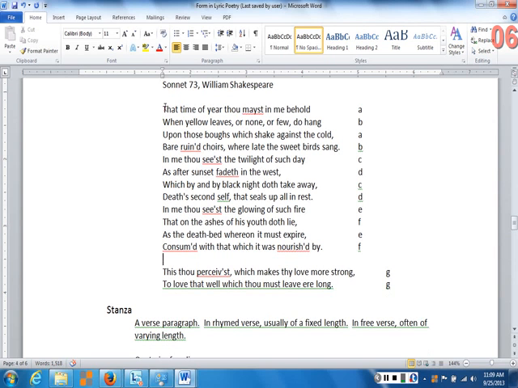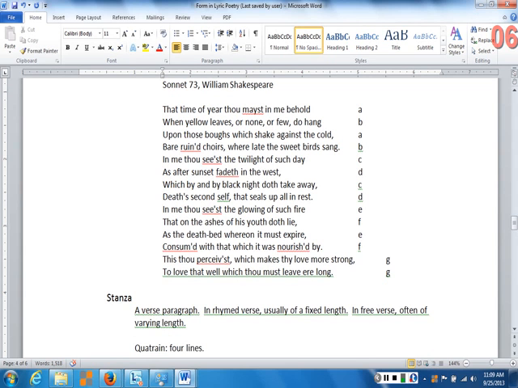And even the break here to the couplet at the end. So on the page, a sonnet might look like this, all 14 lines put together. How then do you know that they are in stanzas? Because of the groups of rhyme, okay?